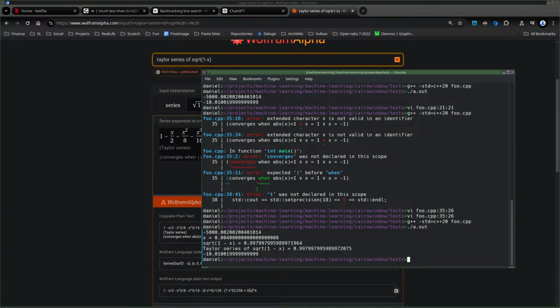The Taylor series is very accurate, all the way up till there. Correct. Which is logical because x is indeed very small.